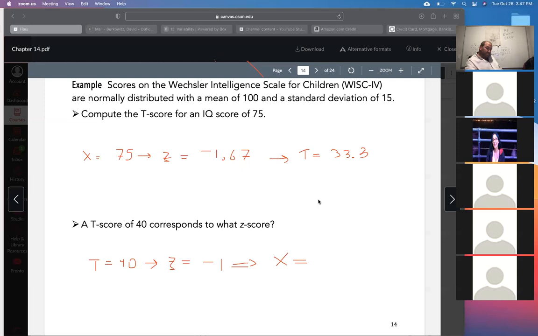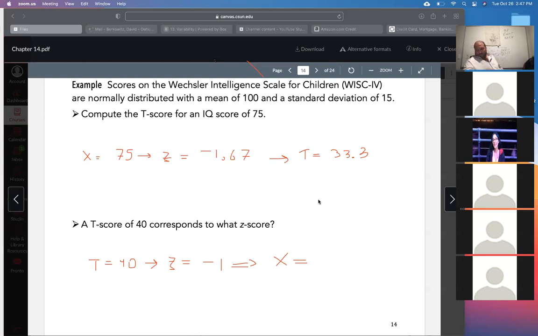We're using the X take away mu over standard deviation formula for the last one, right? Third time today, yep. Only way to connect Z and X. Got it. Oh, I thought we didn't have to do that since we found the z-score already. Well, we have the Z-score, but if I want to go back to the original data, you've got to go through a mathematical connection between Z and X. That's the only one we have.